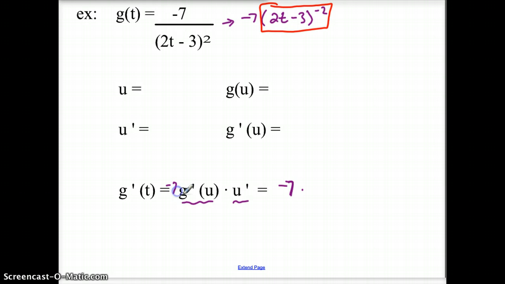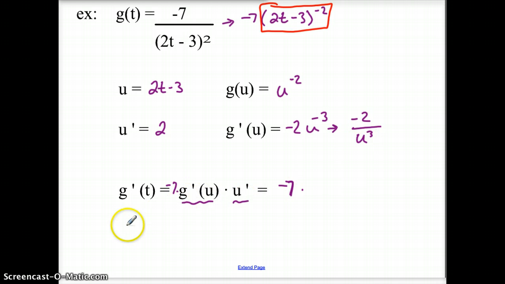So u is 2t minus 3, that's the inside function, and the outside is u to the -2. Derivative of u is 2. Derivative of the outside: put the power out in front, subtract 1 from the exponent. So we have -2u to the -3rd, which is -2 over u to the 3rd.